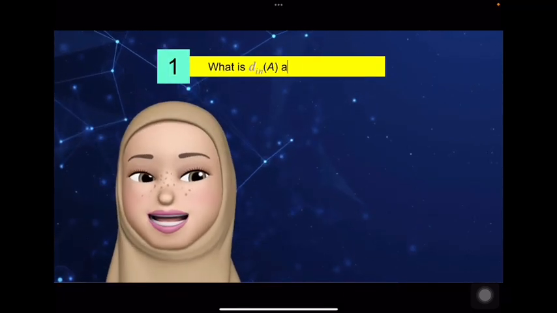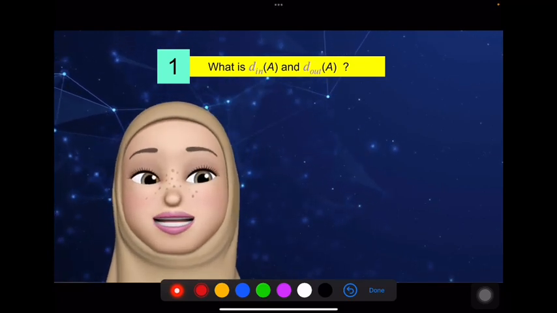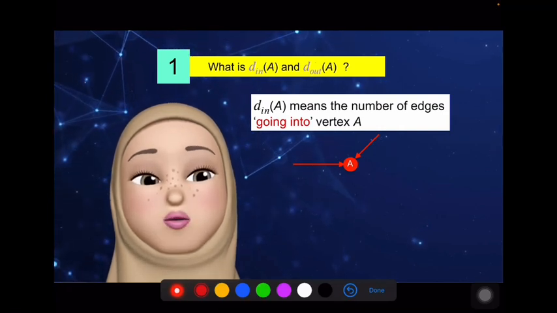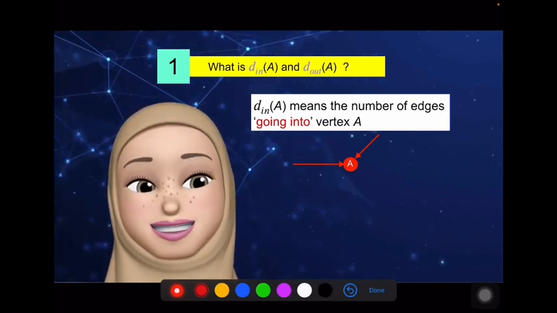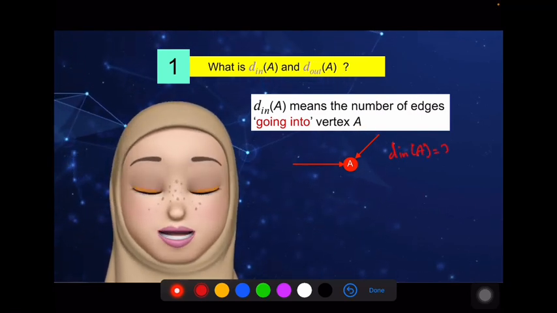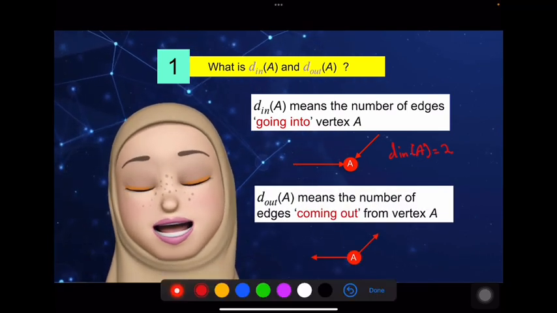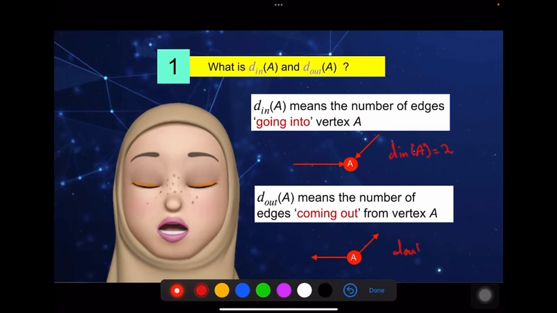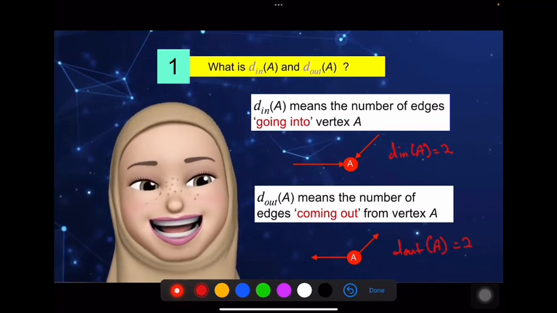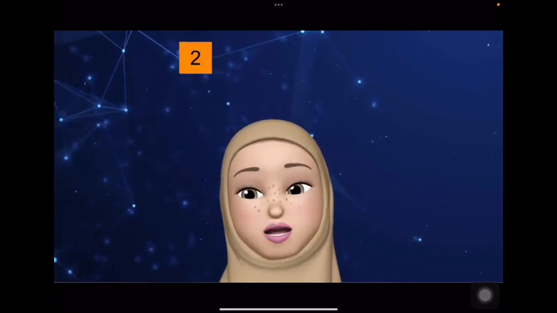Okay, how about D in and D out? If we write D in, bracket capital A, it means the number of edges going into vertex A. And if we write D out, bracket capital A, it means the number of edges coming out from vertex A. What about undirected graph?